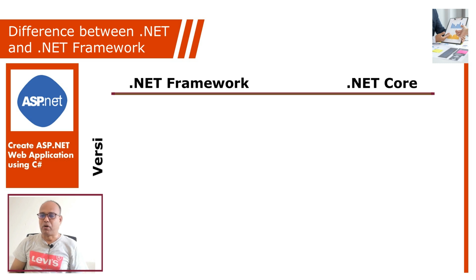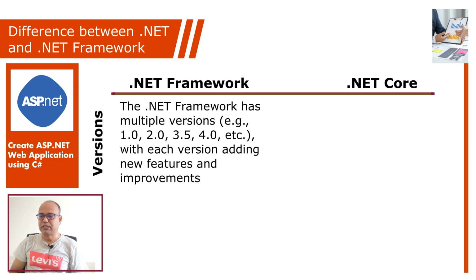Versions of .NET Framework. The .NET Framework has multiple versions, for example 1.0, 2.0, 3.5, 4.0, etc., with each version adding new features and improvements.